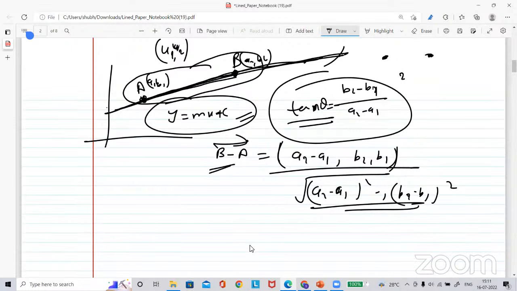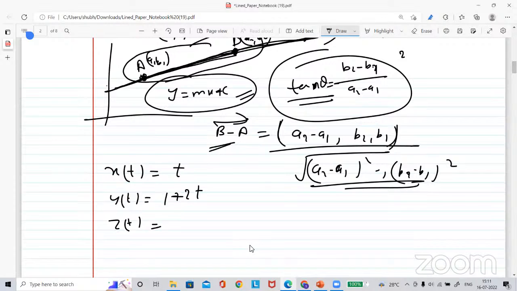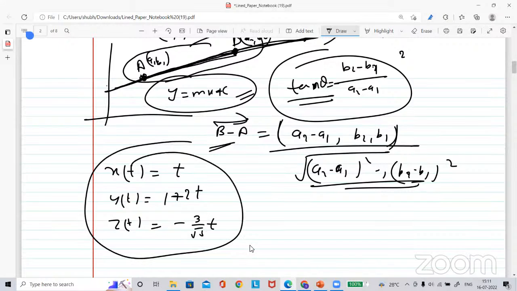If you have difficulty with this, take a line like this one: x(t) is equal to t, y(t) is equal to 1 plus 2t, and z(t) is equal to minus 3 upon root 5 times t. Get the points of this line.